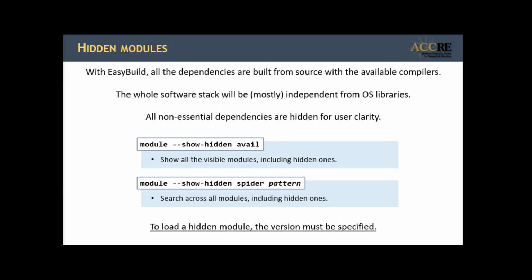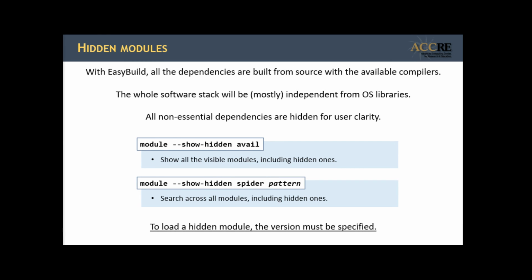And if you remember those gray ones there, those are the hidden ones. It's very important, though, for you to know in case you want to build something. So if you have to build a software that depends on libreadline and you need it, well, yes, if you do a module avail, you're not going to see it there. But it may be there.